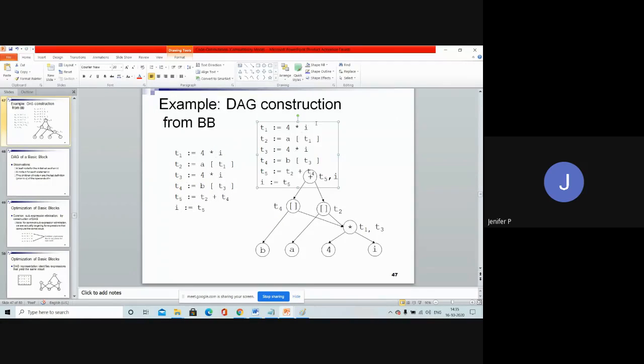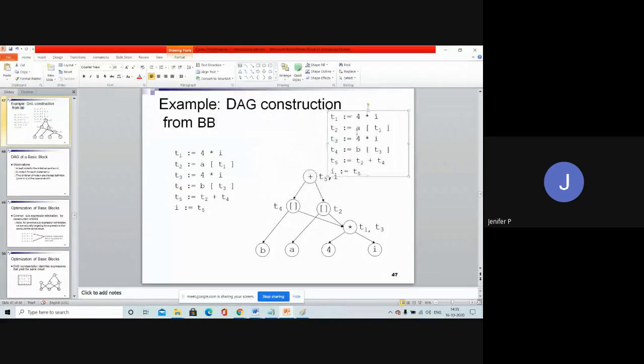So after optimization, what you got is T1 equal to 4 into Y, T2 is equal to A of T1, T3 is equal to 4 into Y which is already present here. So T3 equal to T1, that means it can be deleted. Then T4 equal to B of T1, right? And T5 equal to T2 plus T4.